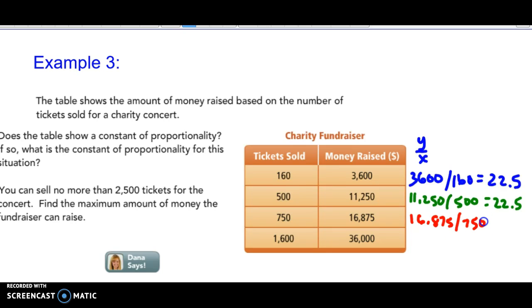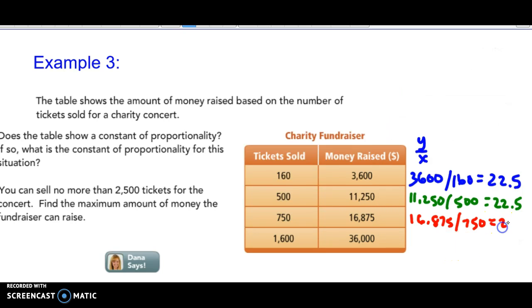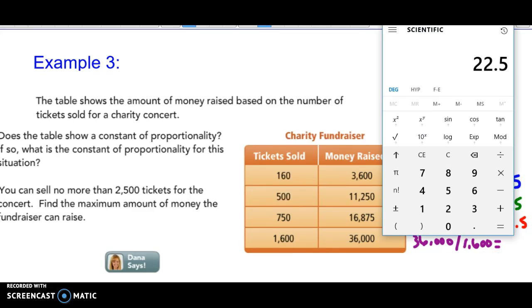So let's check the third row in my table. 16,875 divided by 750. And again, as we divide that, it's 22.5. And finally, we have 36,000 divided by 1,600.